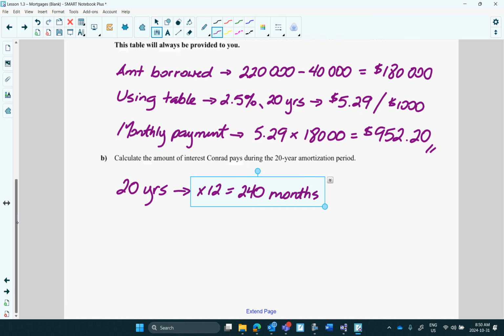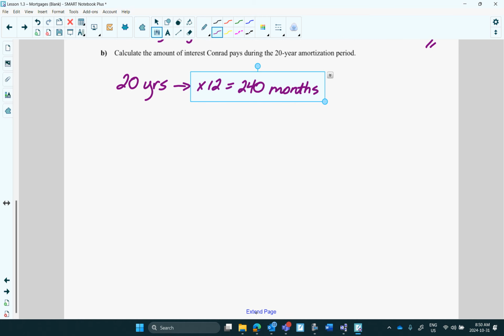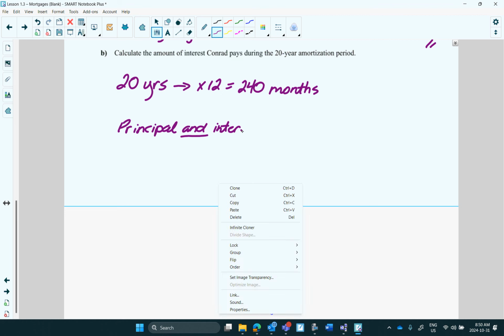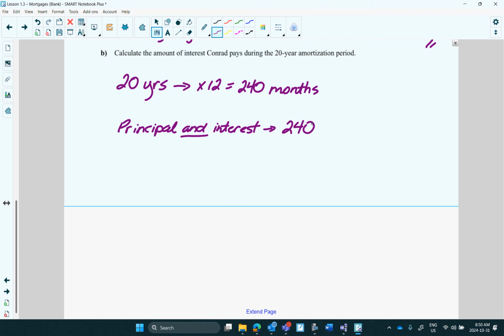So altogether, and this is the principal, the $180,000 he borrowed, and interest, would be 240 times 952.20, which gives us $228,528.